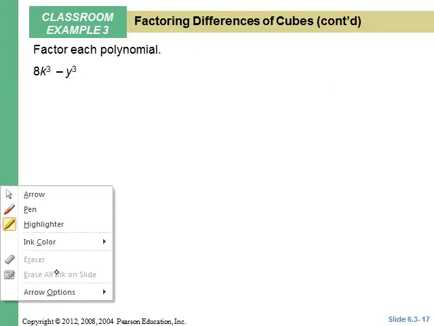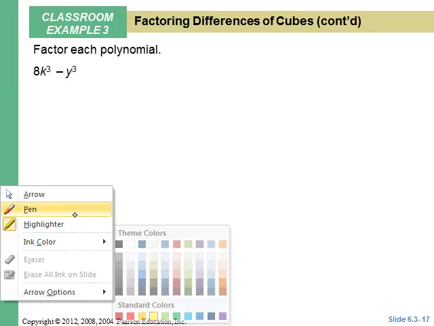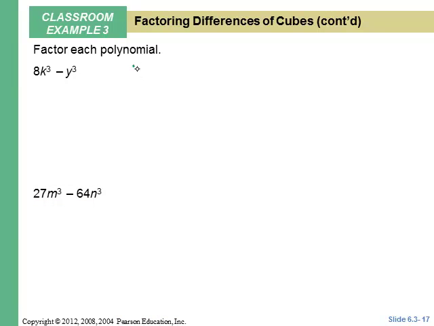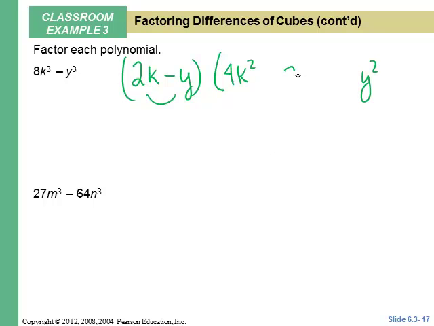Okay? Follow the same procedure every single time. Cube root of the first term, copy the sign, cube root of the second term, square the first term, square the last term, multiply these two together, and we have exactly one minus sign.